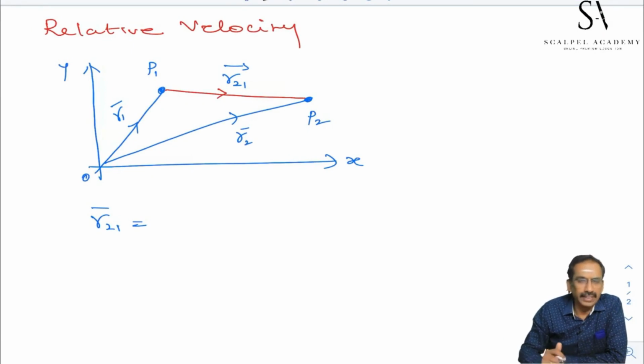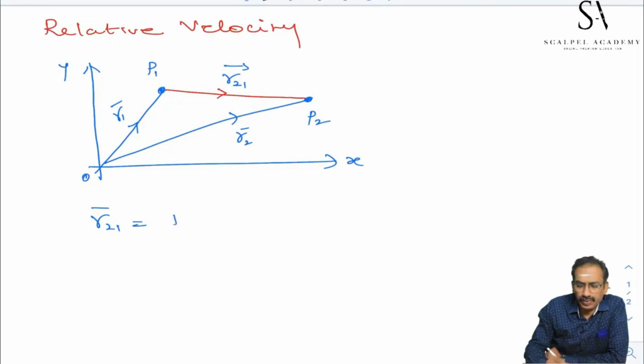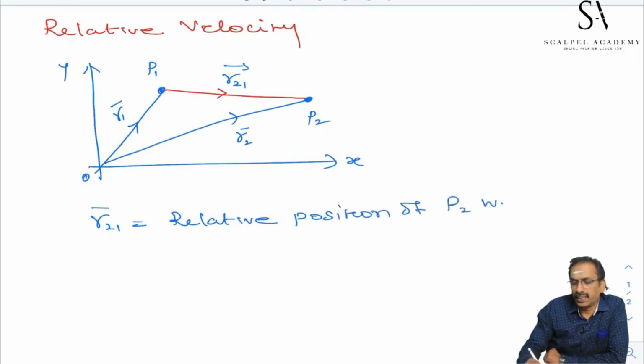As time passes, if it changes, R21 is called a relative displacement. If they are at rest, then R21 is called relative position. Position of P2 with respect to P1.